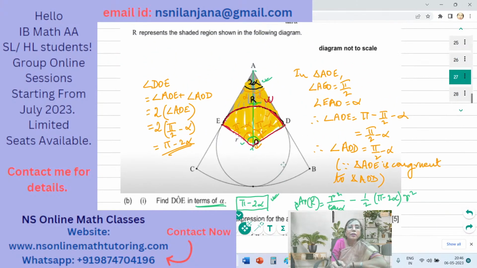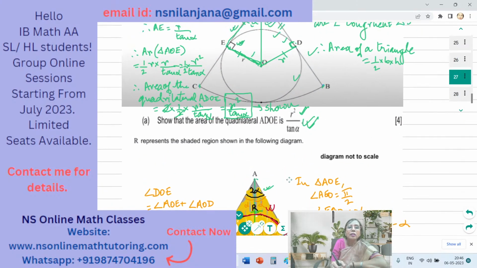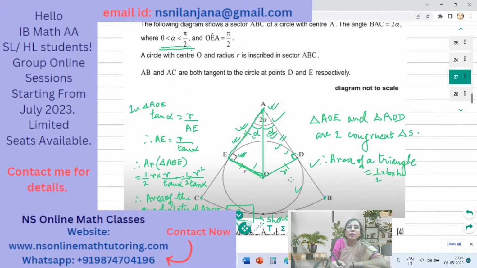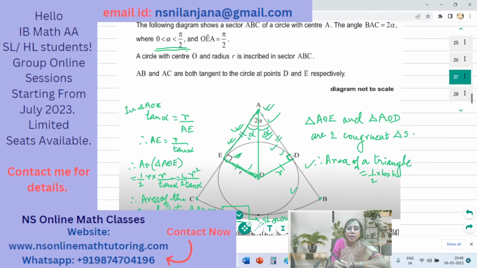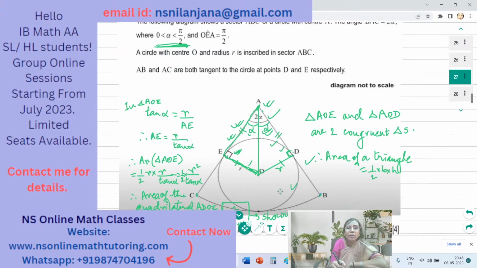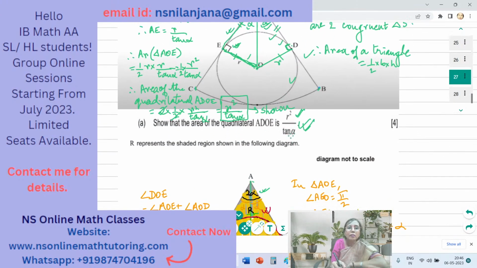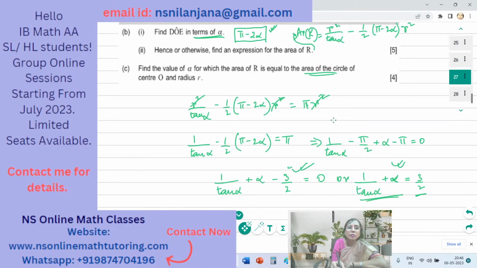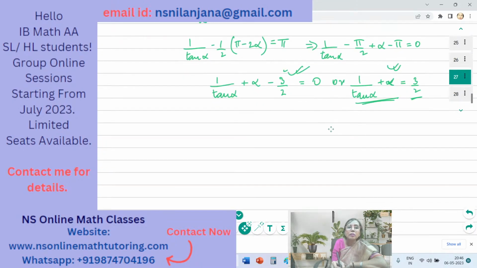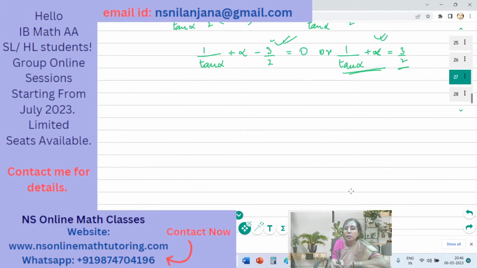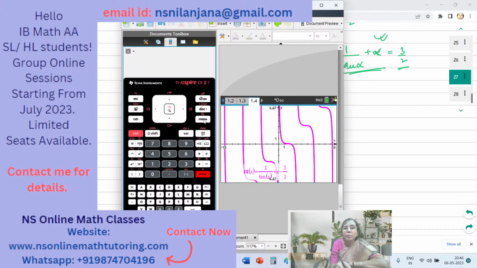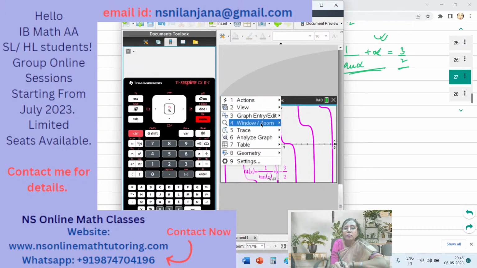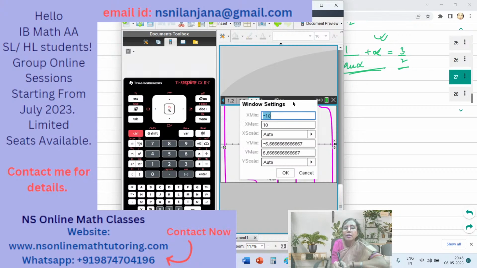What was the alpha range? Alpha was between 0 and pi by 2. So menu, window settings, 0 and pi by 2.